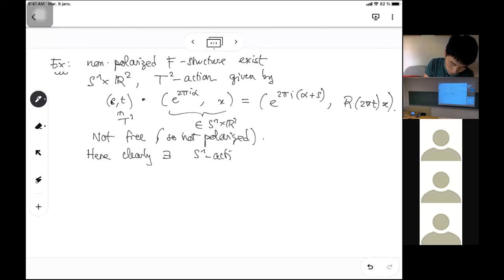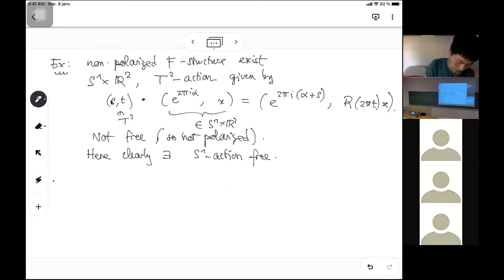So you could think, well, maybe given any non-polarized F structure, you could modify it a little bit to make it polarized, and then you apply everything that we said. So unfortunately, that cannot be done because at least in higher dimension, at least 4, you cannot always do that. If you have a non-polarized F structure, you cannot modify it so that it becomes polarized.